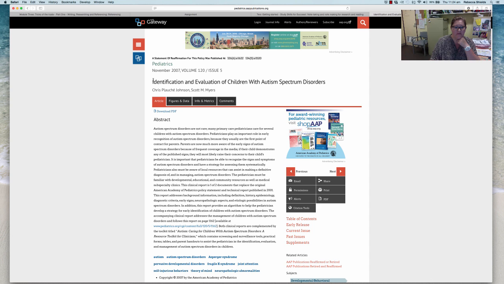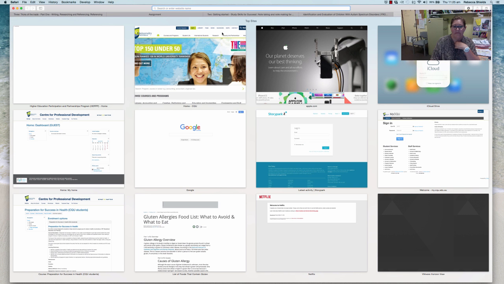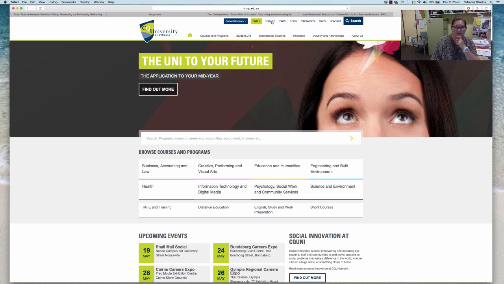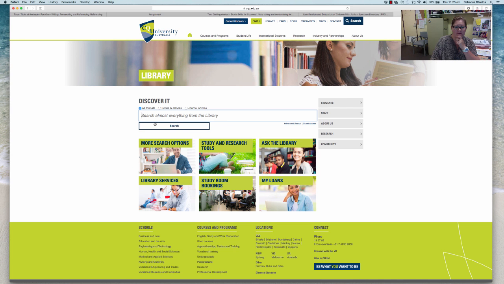So you might even just cut and paste this title and then go into the library and search for it in our library database. Here's the library up there, and then you can paste the title into here and press search. Now it will ask you for your student number and password.